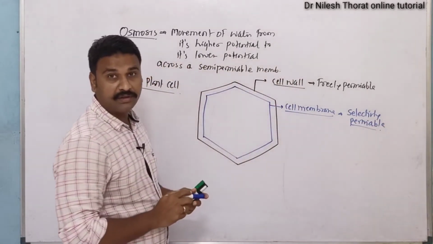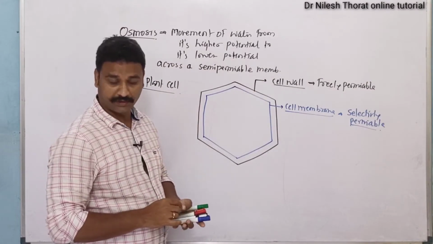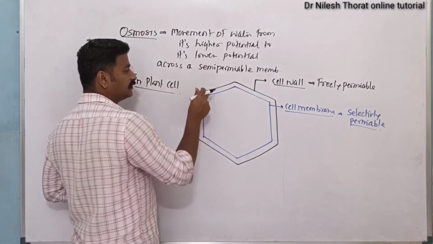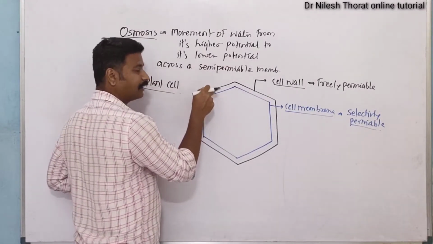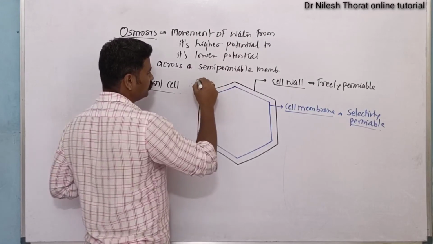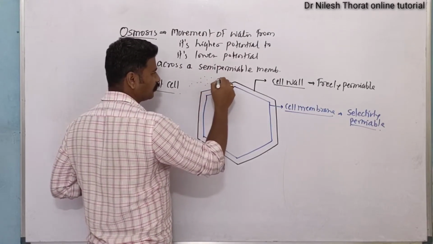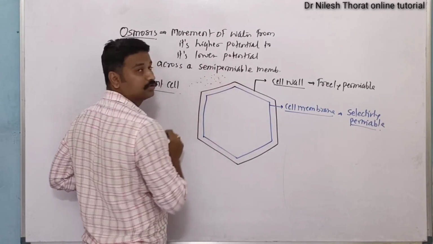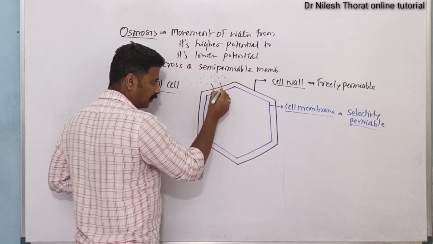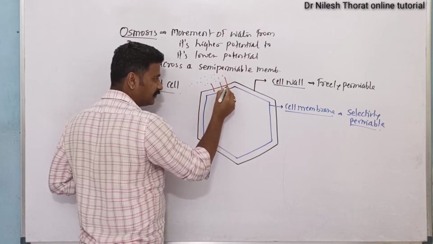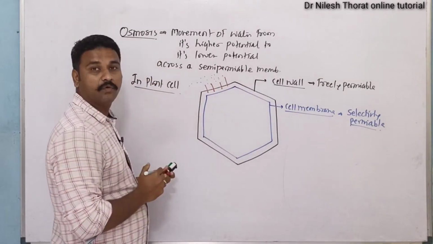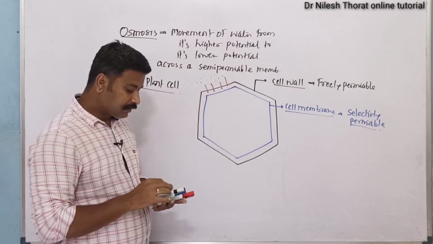So the water and the dissolved solute in water will keep on gathering in the space between the cell wall and cell membrane. Let's say for example, these are the molecules of water, and these water molecules along with the dissolved solvent will keep on coming from outside to inside, and they will keep on gathering in the space between the cell wall and cell membrane.